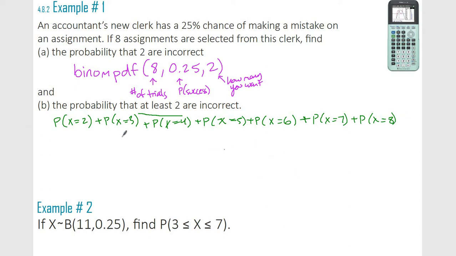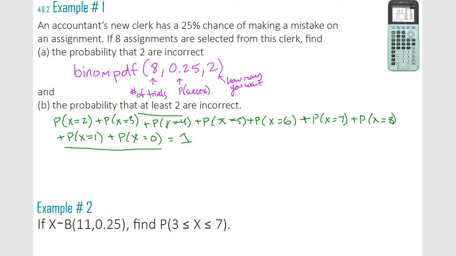Okay, so notice we've listed everything but 0 and 1, right? Because if we also had plus the probability of it being 1 plus the probability of it being 0, that would equal 1. So why don't we get these values first?